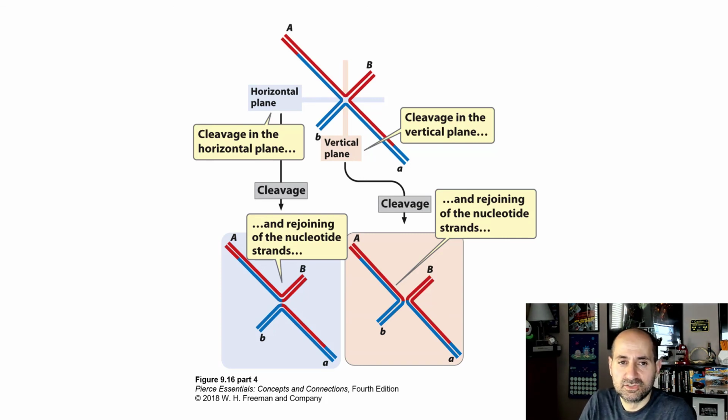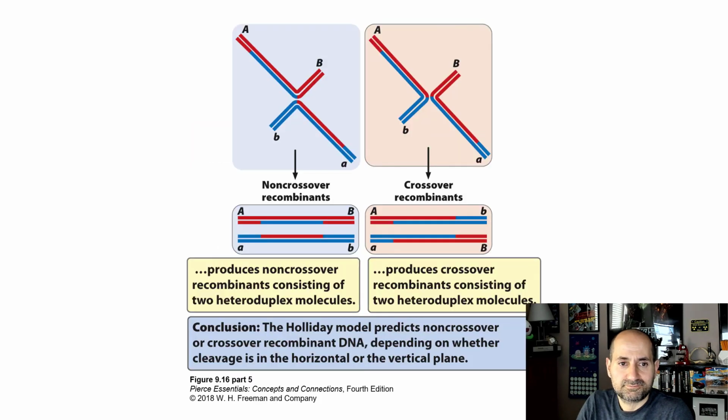You have strand invasion, a strand nick, strand invasion, the Holliday junctions. Then you have the resolution of those junctions, and depending on how they cleave, you're going to end up with different types of crossover events, different kinds of recombinants.